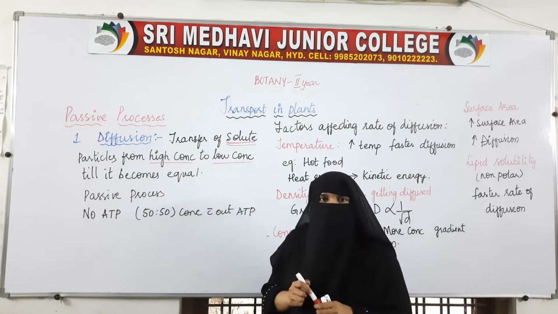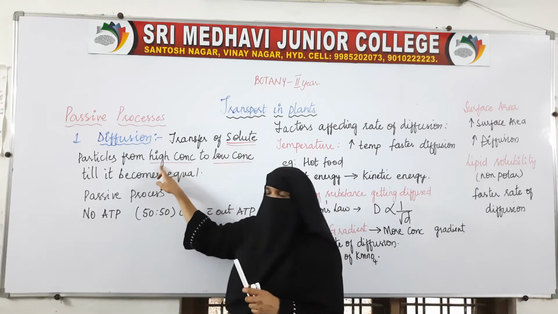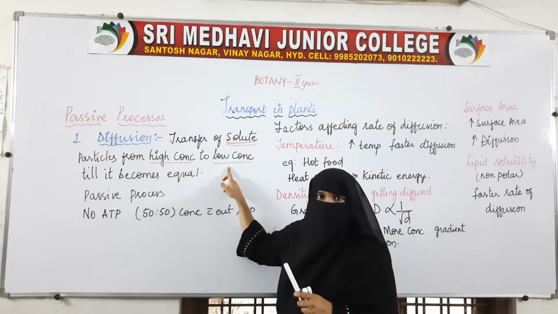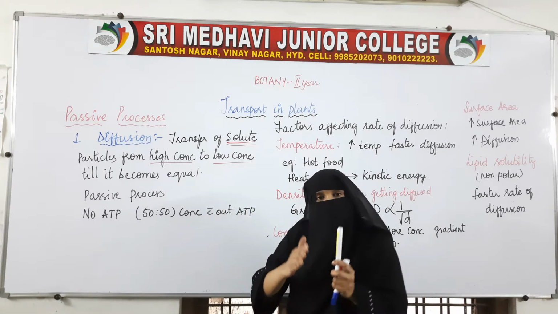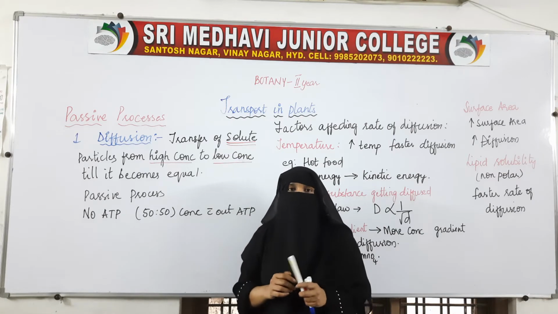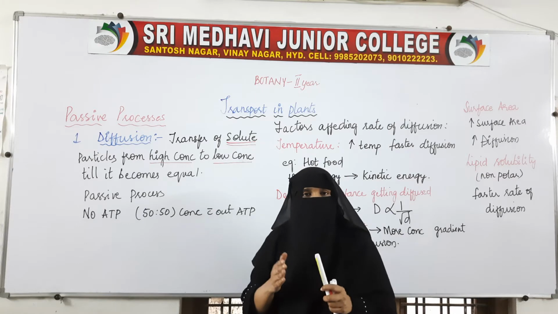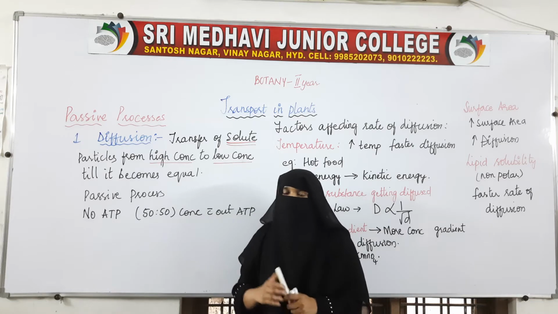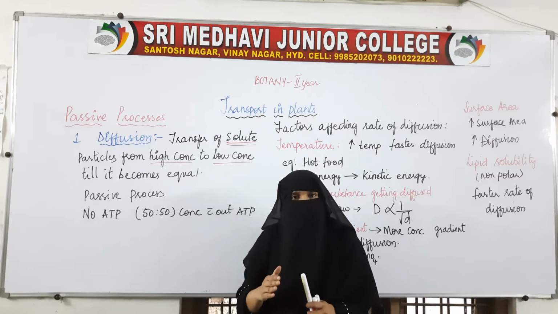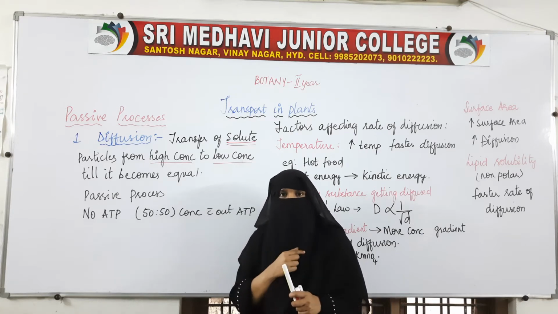And till when will this transfer take place? Till the concentration is equal at both the sides, till then the transfer will take place. Once the concentration becomes equal at both the sides, then the transfer will stop.